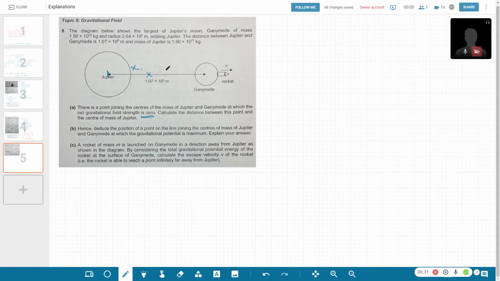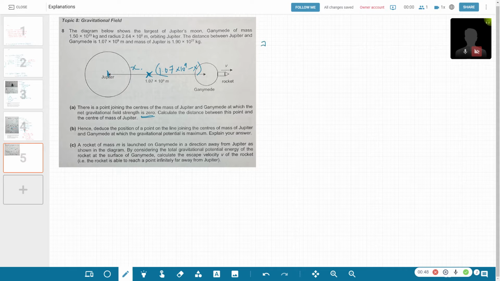The remaining distance will be 1.07 times 10 power 9 minus x. This is the distance between them, and this is where we want the neutral point.